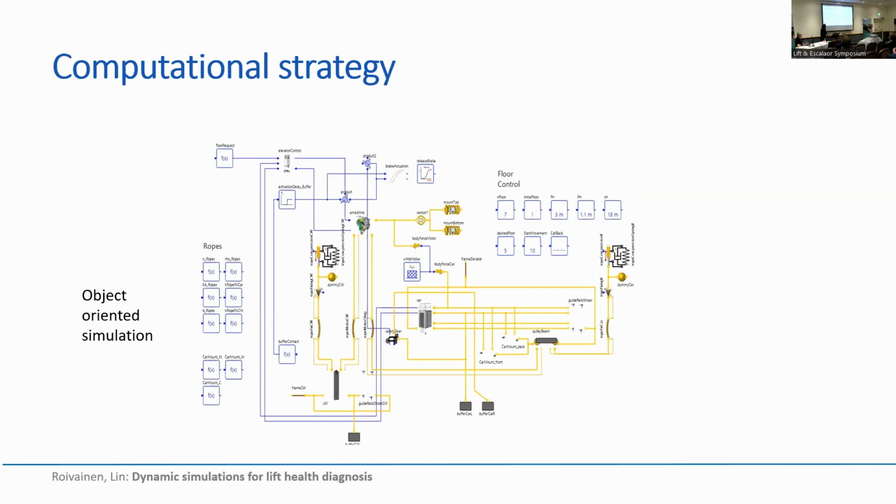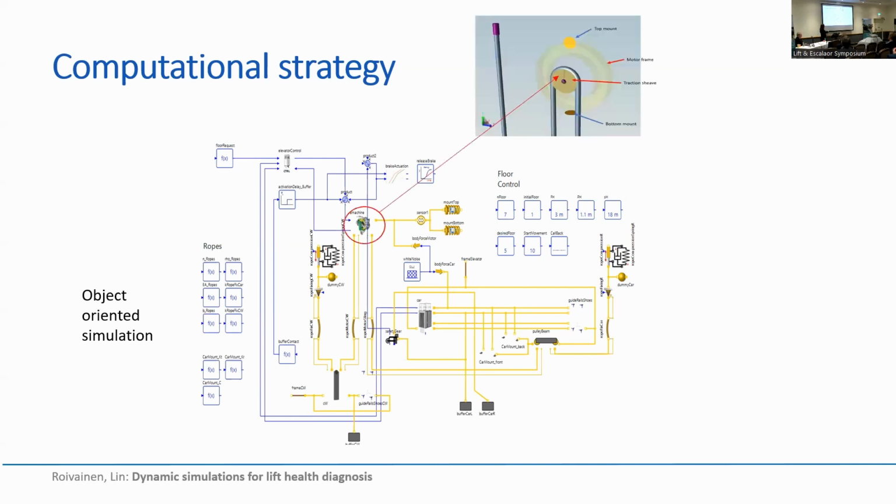This is how the system level simulation looks. We have blocks, for example, the controller, ropes, guide rail, guide shoes, counterweight, with certain parameters: stiffness, damping, friction, electrical parameters, and so on. However, if we have a component like the machinery with a high impact on car vibrations, we divided that component into several parts, a rigid part and a flexible part.